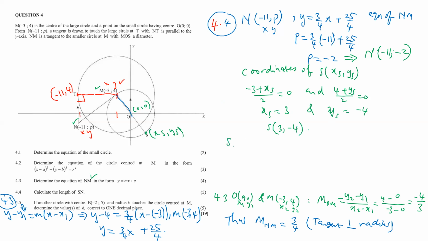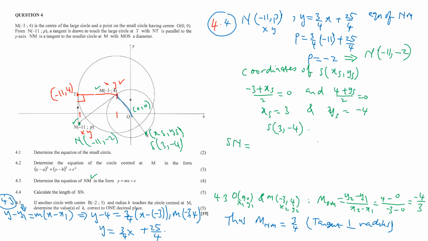So which means therefore that SN right now, using the distance formula, you can find the distance between S and N. Where S now will have the coordinates 3 and -4, and N will have -11 and P, which is -2.